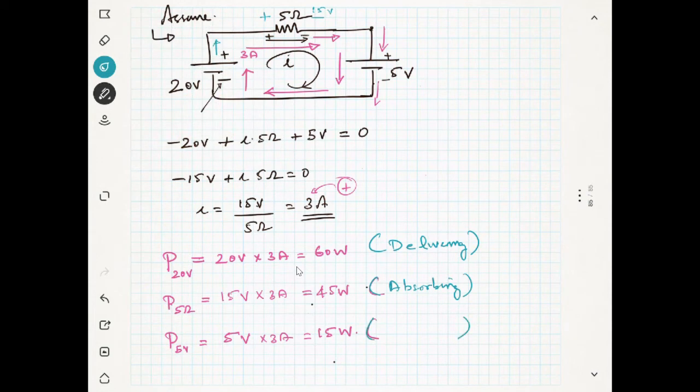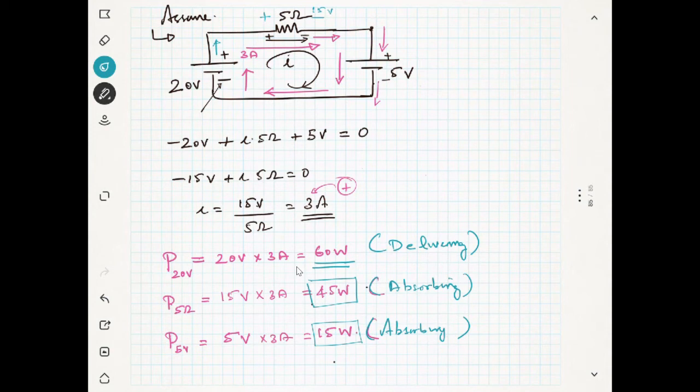Absorbing. Okay, now you see the total. This is 60, and what about this? It is 45. Absorbing, 45 plus 15 is 60, and delivering is 60.